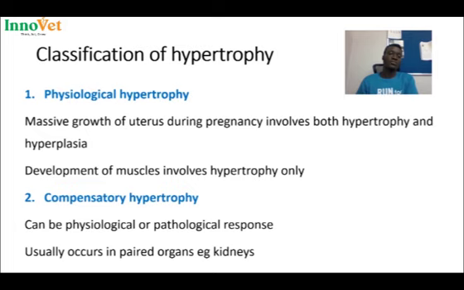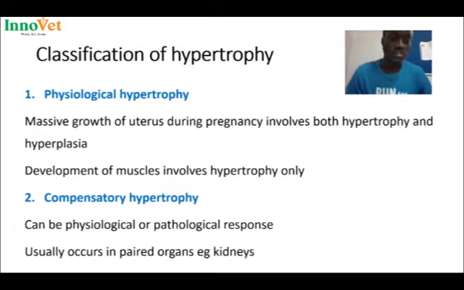Here we shall be seeing organs increasing in size or massive growth due to either interaction of both hypertrophy and hyperplasia or hypertrophy only. An example is the uterus during pregnancy, which is an interaction of both. But in development of muscles, it is only hypertrophy, where cells are just increasing in size through deposition of protein and other organelles.